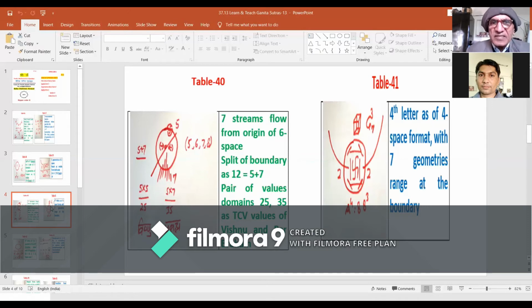Therefore, this depiction of 7 streams flow from origin of 6 space and split of boundary of 12 components at 5 plus 7 will lead to value 25 and 35, which is a pair of TC values of Vishnu and Parabrahm.